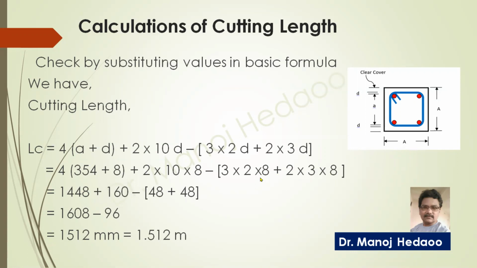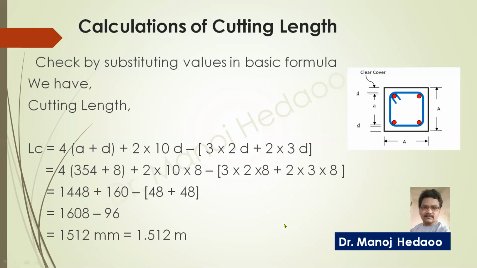So 3D and 2D, because of the 135-degree bend and the 90-degree bend. If we simplify, you will get again 1512 mm, that is 1.512 meter. So in a simple way, we can calculate this.